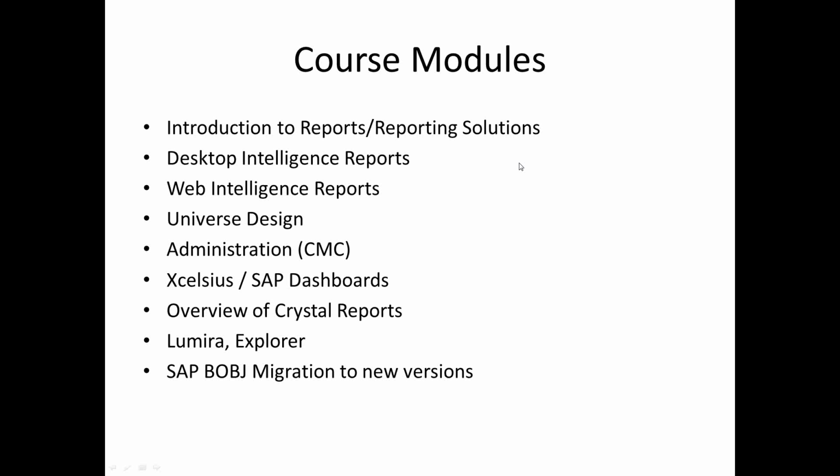Crystal is a pretty old tool, but it's a very powerful tool. Then you have Lumira and Explorer, which are the new ones, and towards the end, once we have covered Desktop Intelligence and administration, we could go ahead and do the SAP migration module.